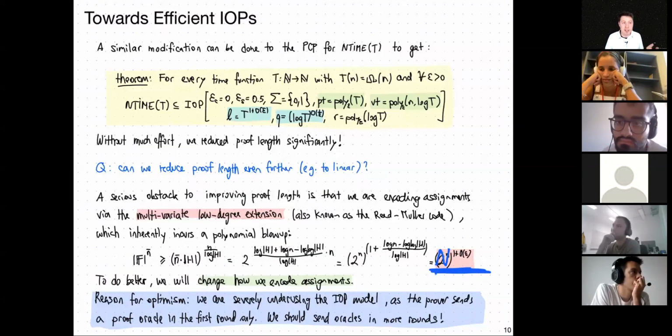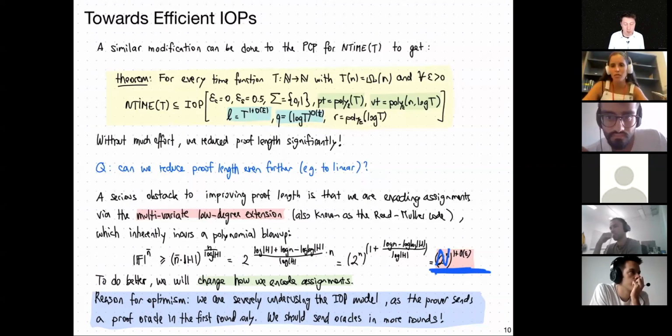We did not ever send even 2 oracles. Our constructions so far were like oracle and then IP. So we're currently underusing the model, and we could try to leverage it a lot more.